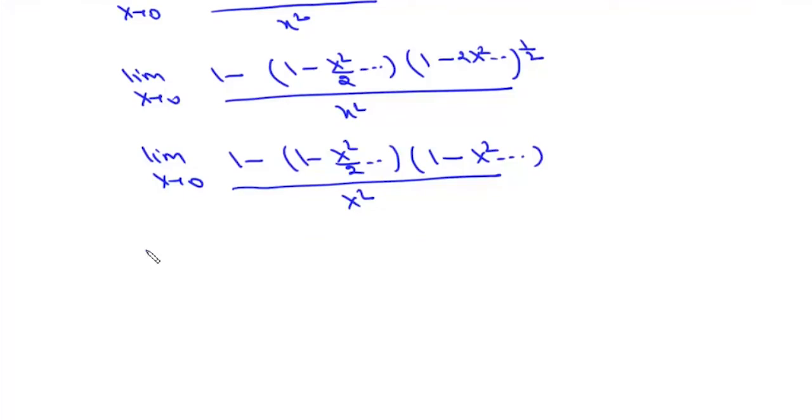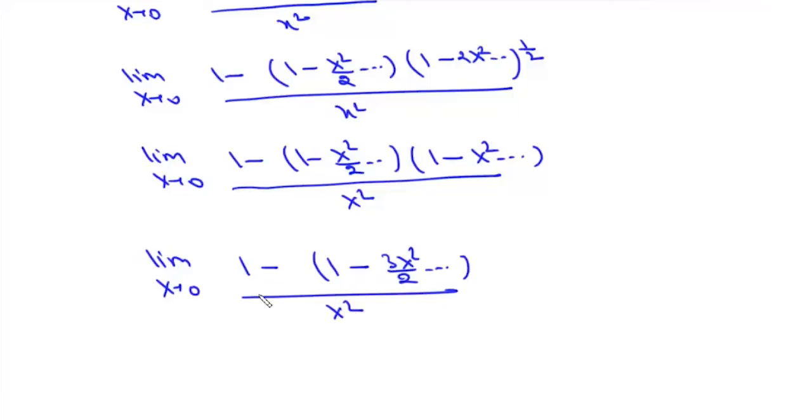Now we simplify this, we'll get limit x tends to 0, 1 minus, and it will be 1 minus x square by 2 minus x square. So that will be minus 3x square by 2 and other higher powers of x, divided by x square. Now this 1 and 1 will cancel, minus 1 is plus, x square will cancel. So the answer to this limit will be simply 3 by 2.